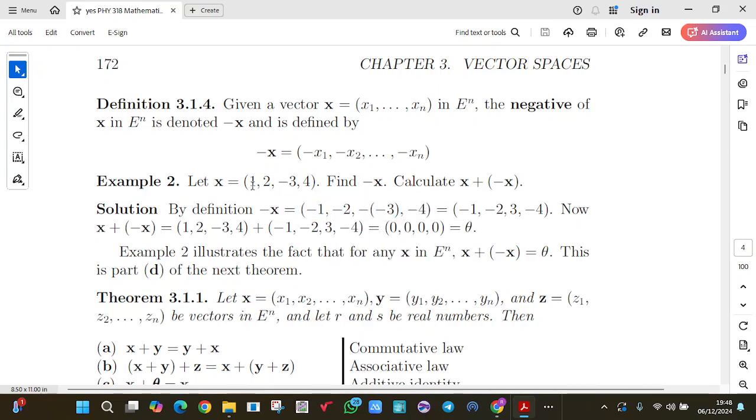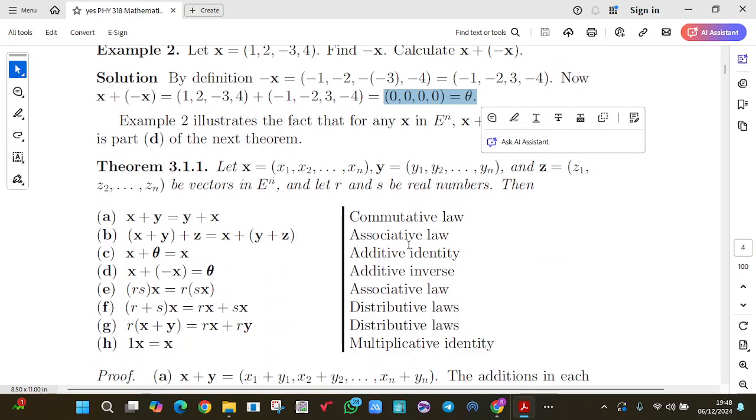If x is 1, minus x will be minus 1, 2 will be minus 2, minus 3 will be plus 3, 4 will be minus 4. So now when you add them together, you're going to get this vector. Is that clear? Yes, sir.